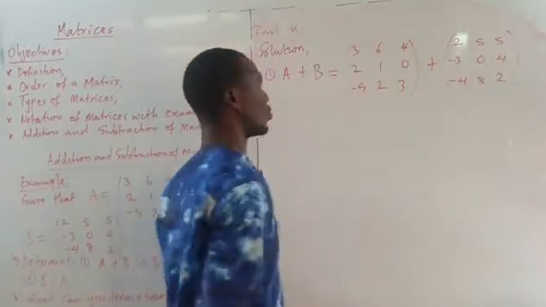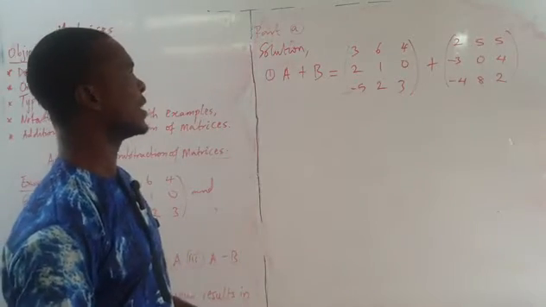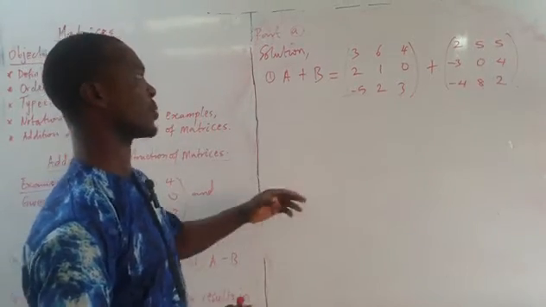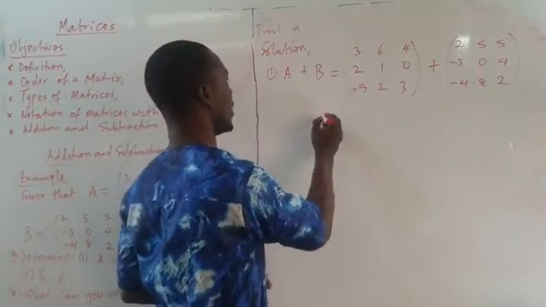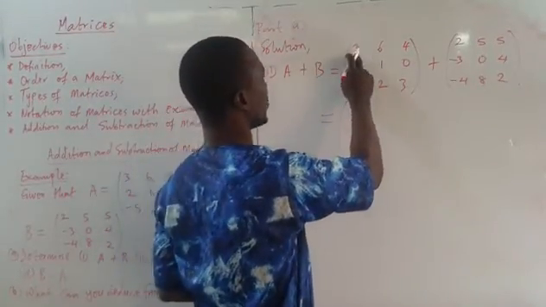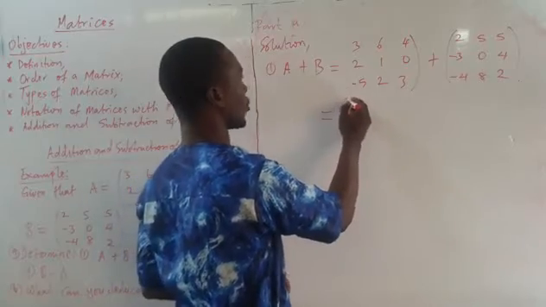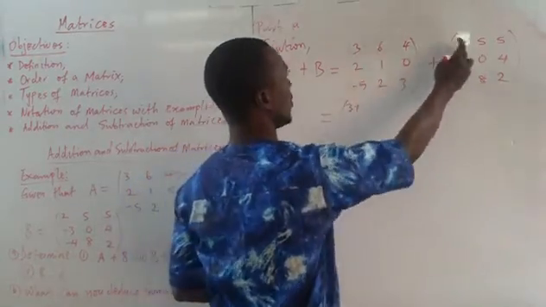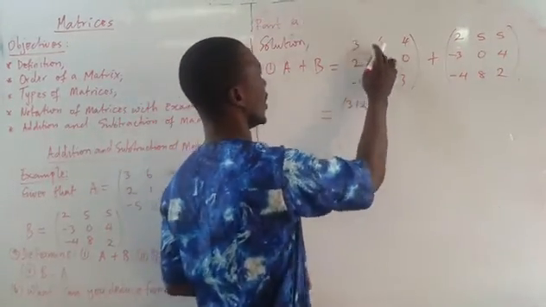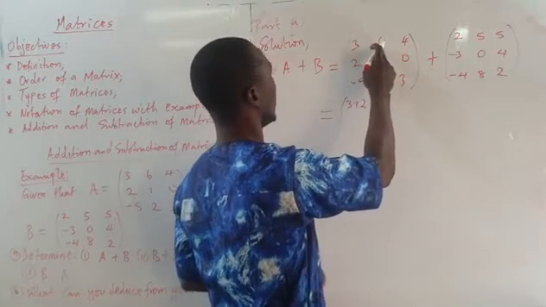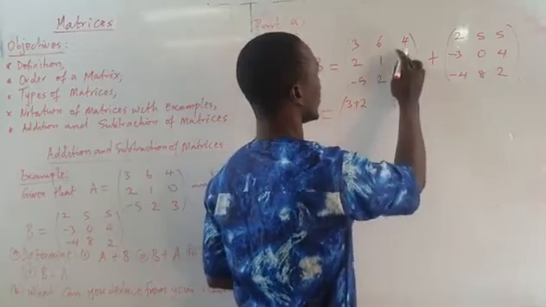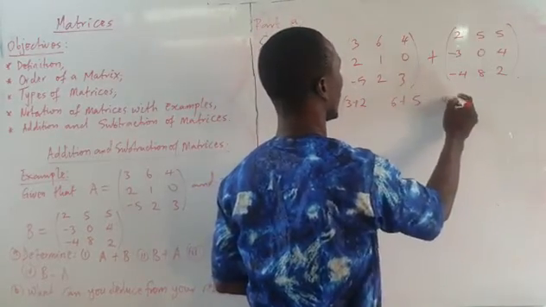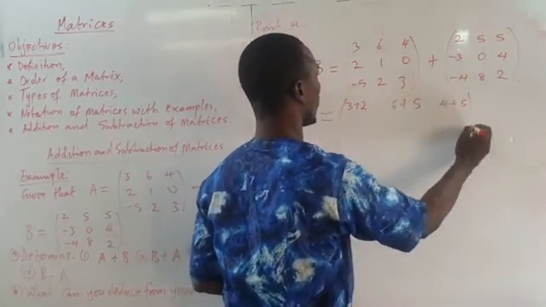So the next thing to do is to add the corresponding elements together. The first element, which is A11, we are going to have 3 plus B11, that is 2. Then A12, 6 plus 5. Then the next one is 4 plus 5. So that is for the first row.